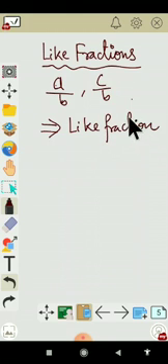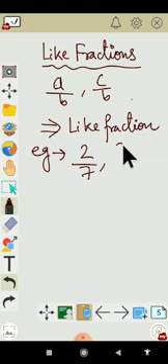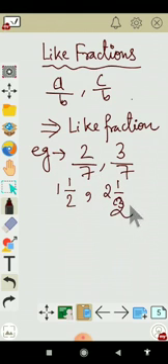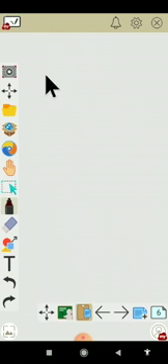Example: 2 by 7, 3 by 7, these are like fractions. 1 by 2, 1 by 2, this one is also like fractions. Here in the denominator they have the same numbers.